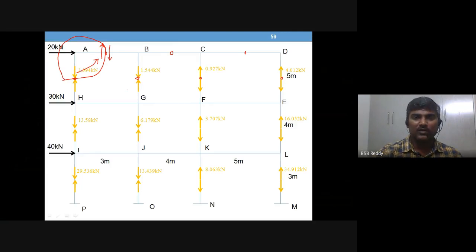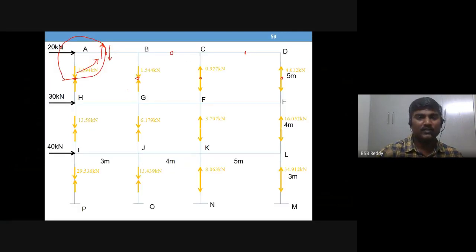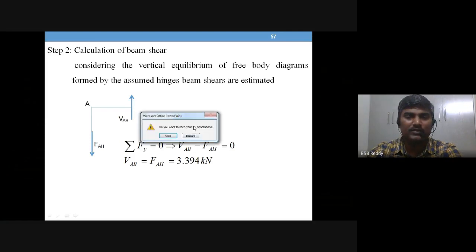Now you draw whatever is there as it is. You see that diagram, downward 3.394 is there, and on the right hand side you choose direction either up or down. Okay, so that's how we are going to estimate.